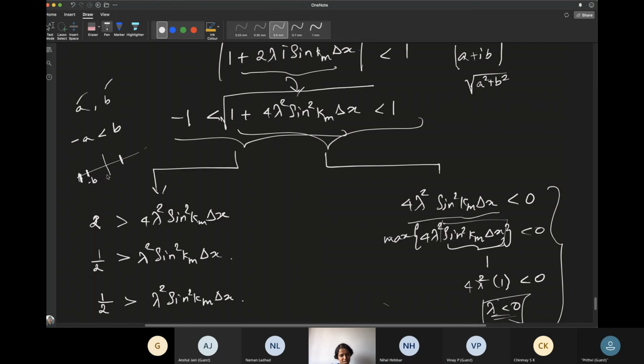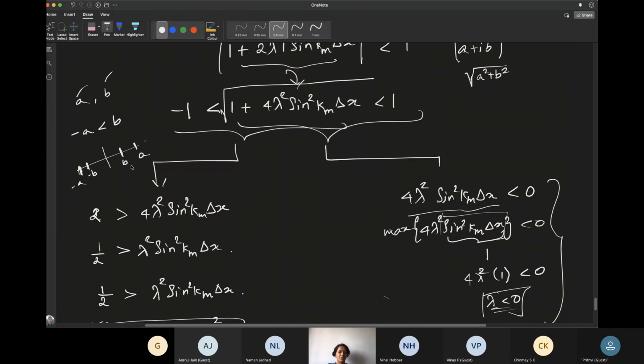Suppose minus b is this one and minus a is this one, then a will be here. In this case, a squared may be greater than b squared. On the other way, a squared may be less than b squared. So in this itself, we'll have two possibilities.